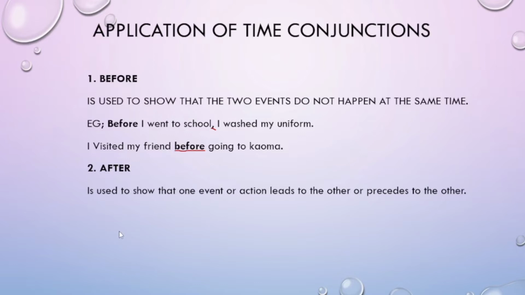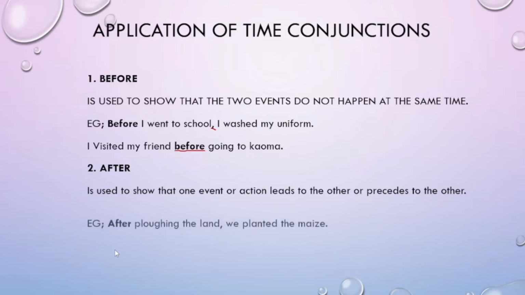Now, after is used to show that one event or action leads to the other or precedes the other. Here, the two events are not happening at the same time, but one action is connecting to the other. It's leading to the occurrence of the other action.